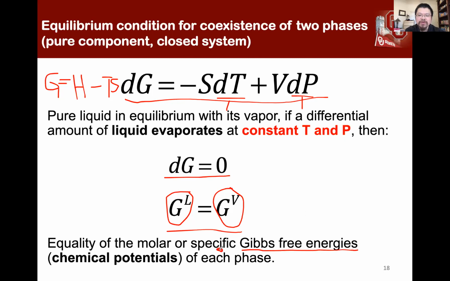This is the specific, or this is the molar based. And if the Gibbs energy is not the total, but it's molar based, kilojoule per mole for the species, then we can replace that molar Gibbs free energy using another different name as chemical potential. So that is the statement.